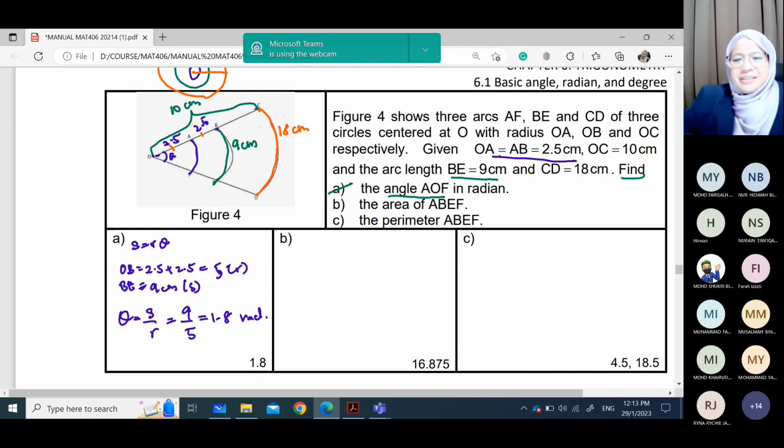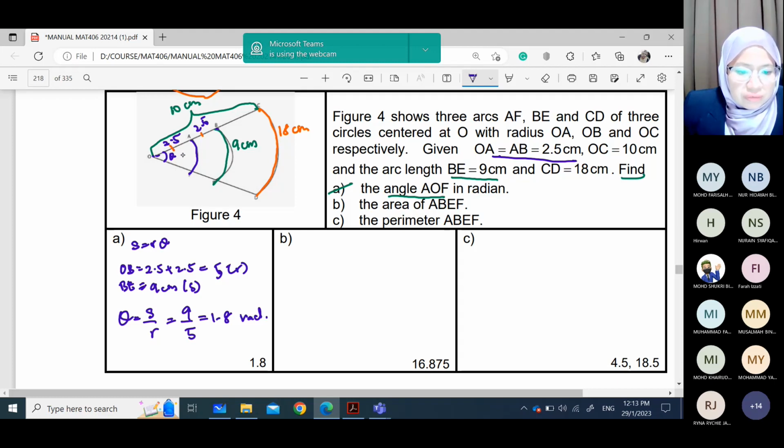Begitu. Okay, so theta kat sini adalah 1.8 radian.